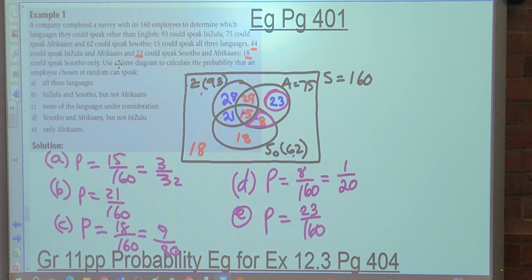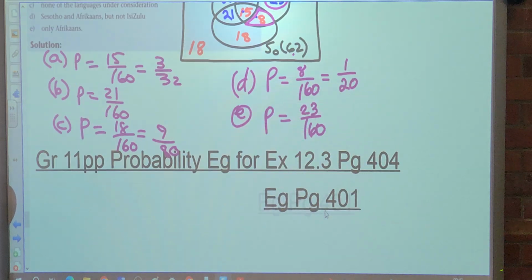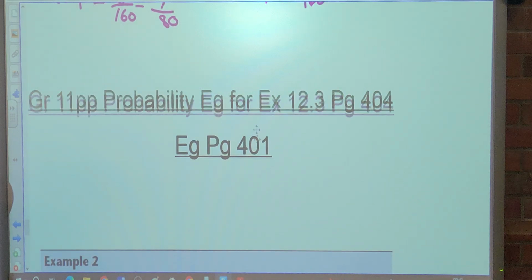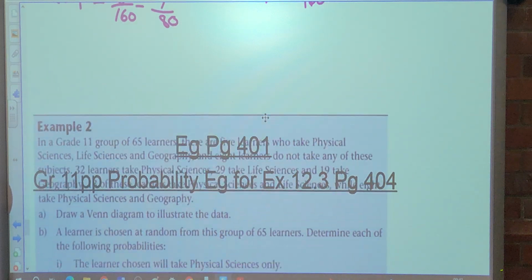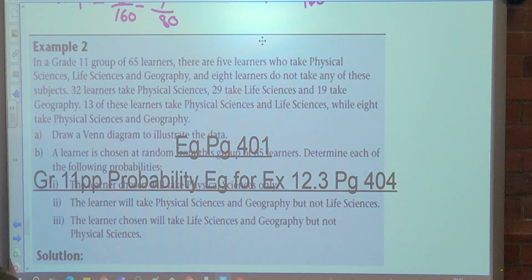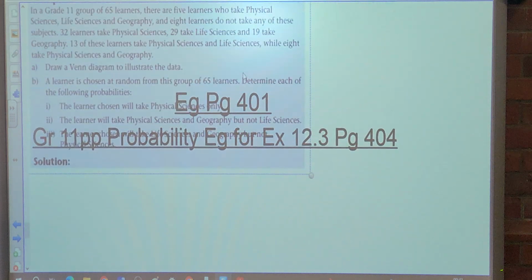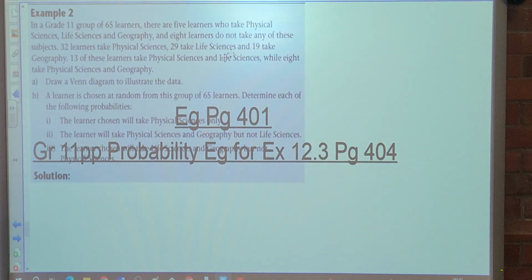But I'm going to explain the next part one time. If you have a problem with numbers 1 to 4 of exercise 2.3, you refer back to example 1. If you have a problem with the remainder of the exercise, it will be covered in example 2. But of course our exercise is your own. Right, so let's look at example 2.